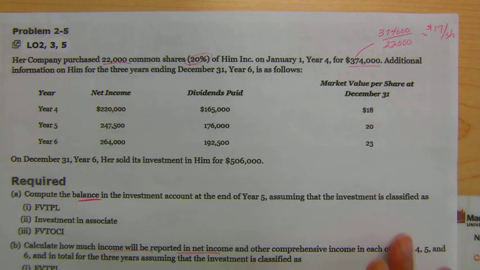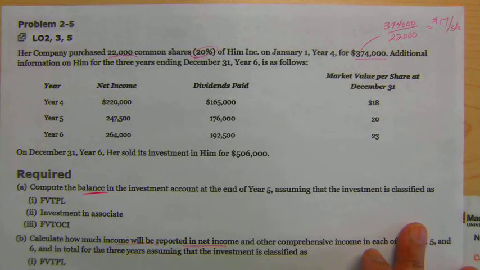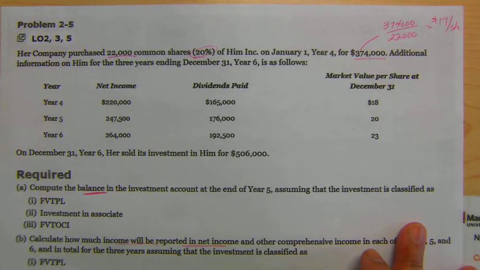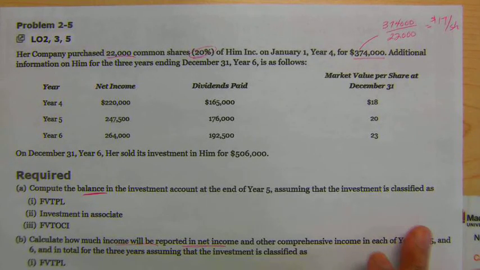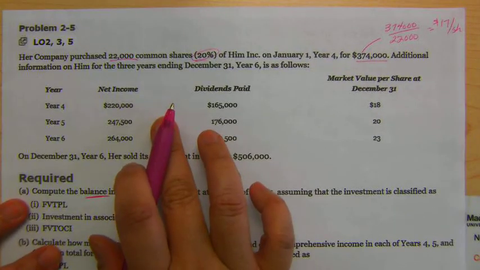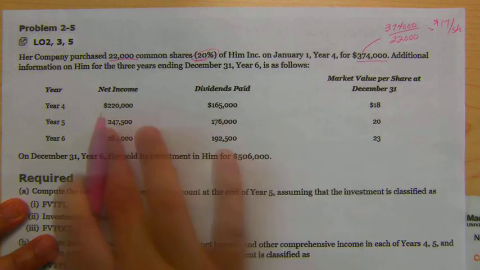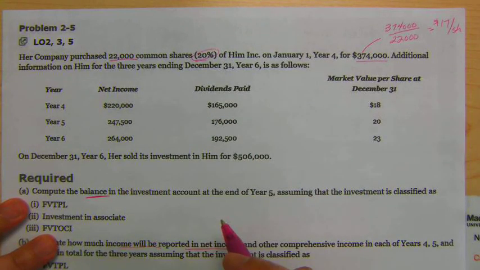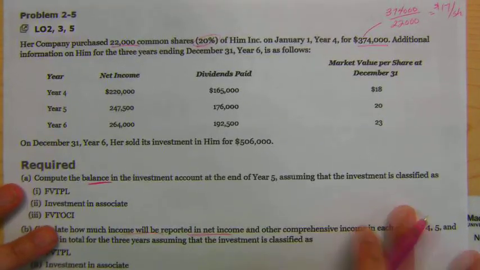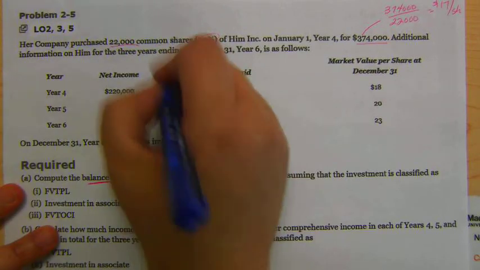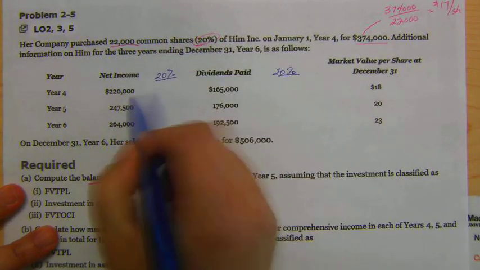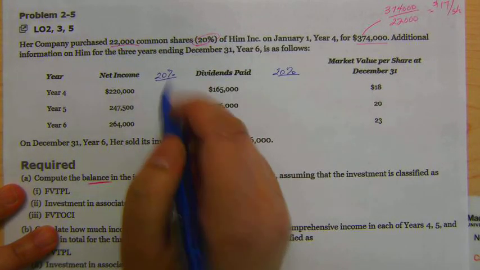The other thing I wanted to do is, do we want net income and dividends at their total amounts? No, we want them at 20%. So I'm just multiplying everything by 20%.